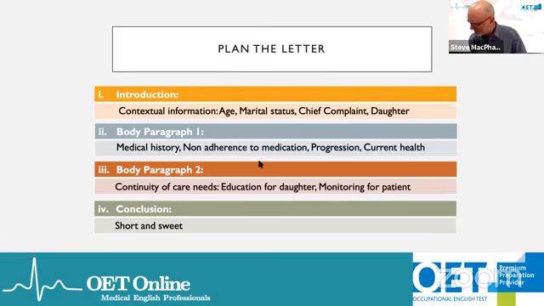Okay. Alice says, no need to mention past meds unless they need to be continued by the new carer. Yeah, I think that makes sense, Alice. Zohar says, how would we know which information should be omitted? Well, that's where you think about who you're writing to, Zohar.